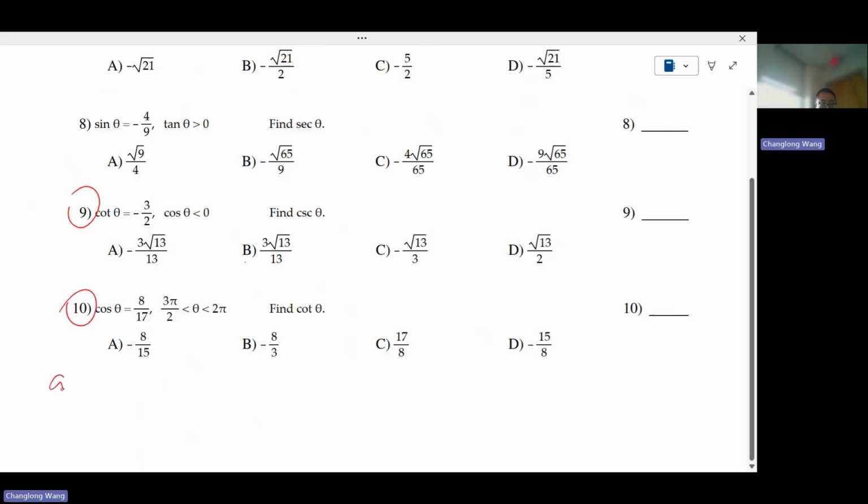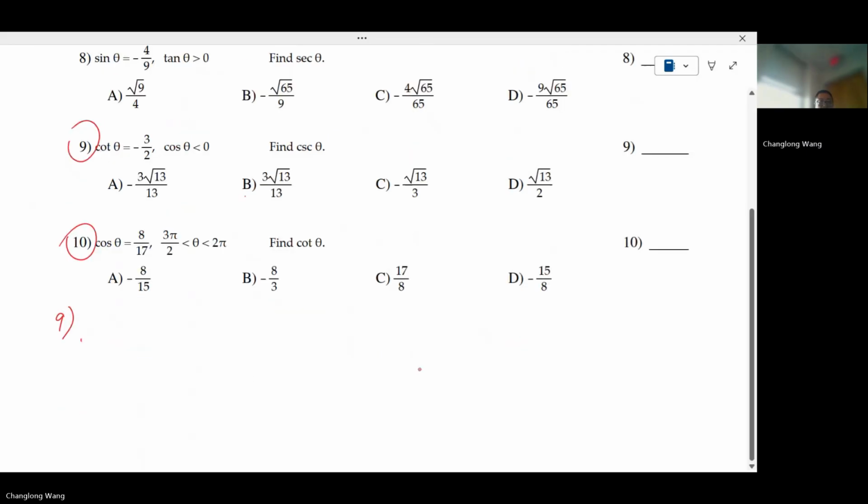Now for number 9, why don't you guys tell me which quadrant the theta has to be in? Quadrant 2, right? Cotangent has to be negative, right? So it's either going to be second or the fourth, but cosine is positive in the fourth, right? So it has to be in the second quadrant. Right, so there will be a point here.